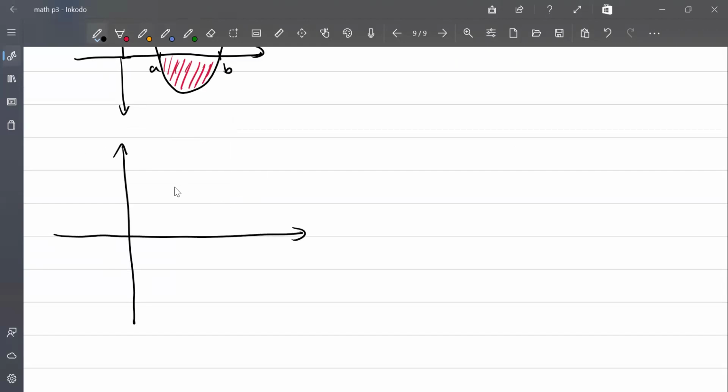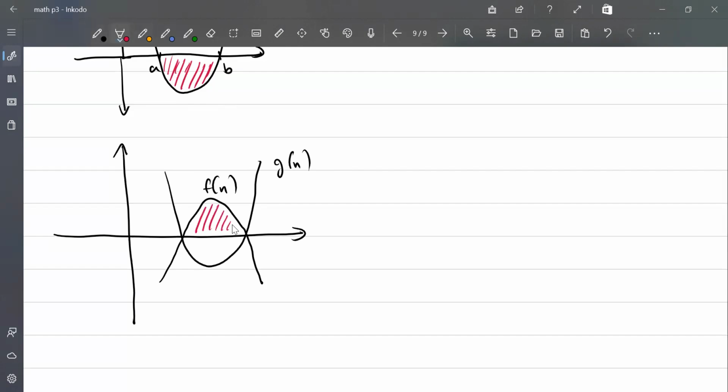Let's look at another example. Let's say we have, look how beautiful this curve is. Only the examiner has the guts to give such a curve in the exam. But anyways, if this area is required, then it is the area under this curve plus the area under this curve. Let's label it: this is a and this is b.